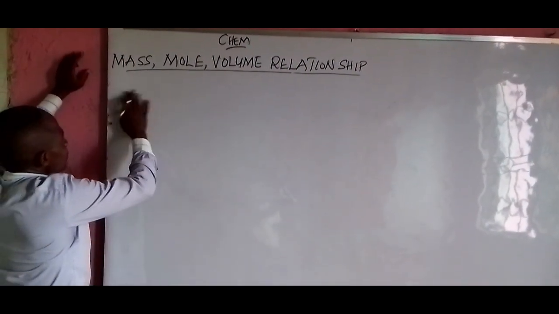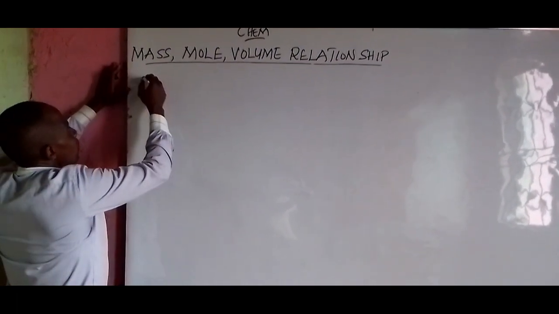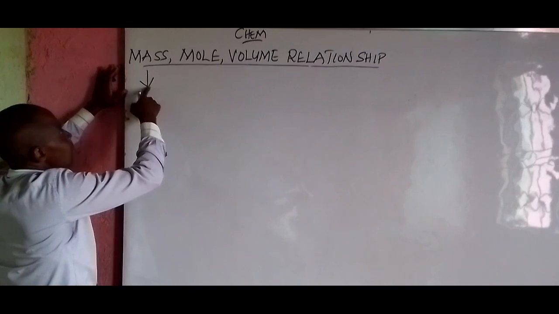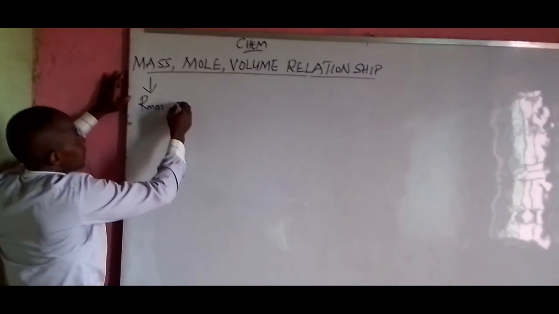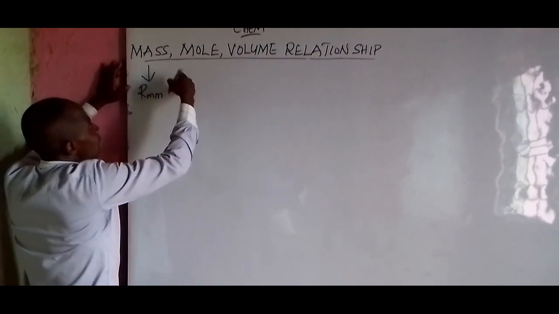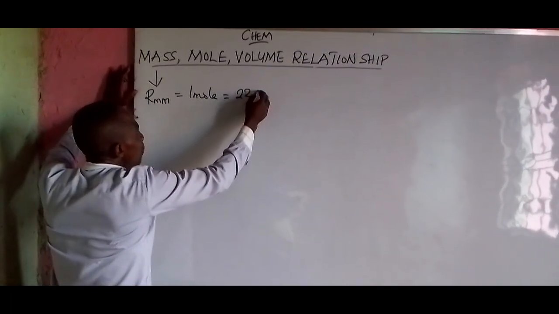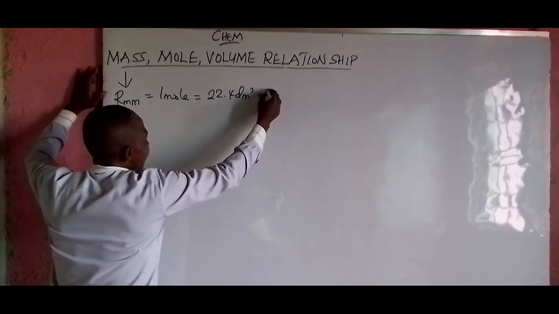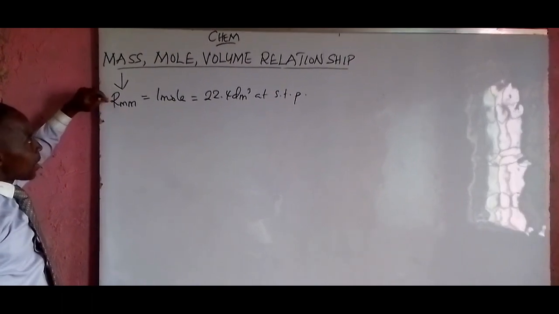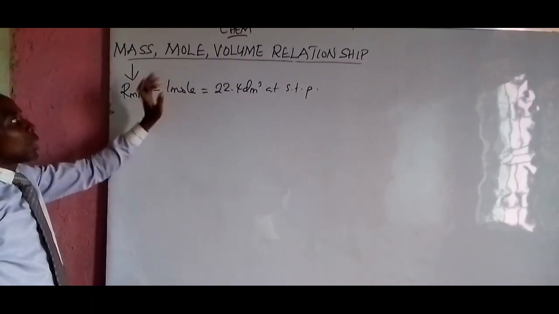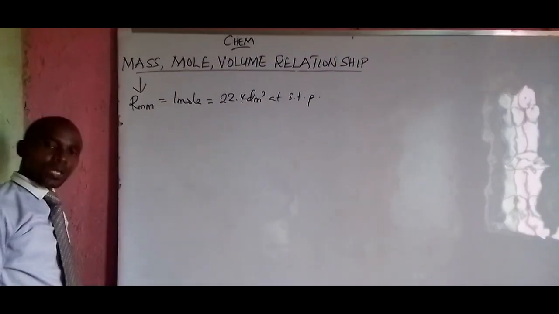Now, in a very simple way, I want to give you what you need. The relative atomic mass or relative molecular mass of a substance is equivalent to 1 mole of that substance, and 1 mole is equal to 22.4 dm³ of gas at S.T.P. This connects the three of them.